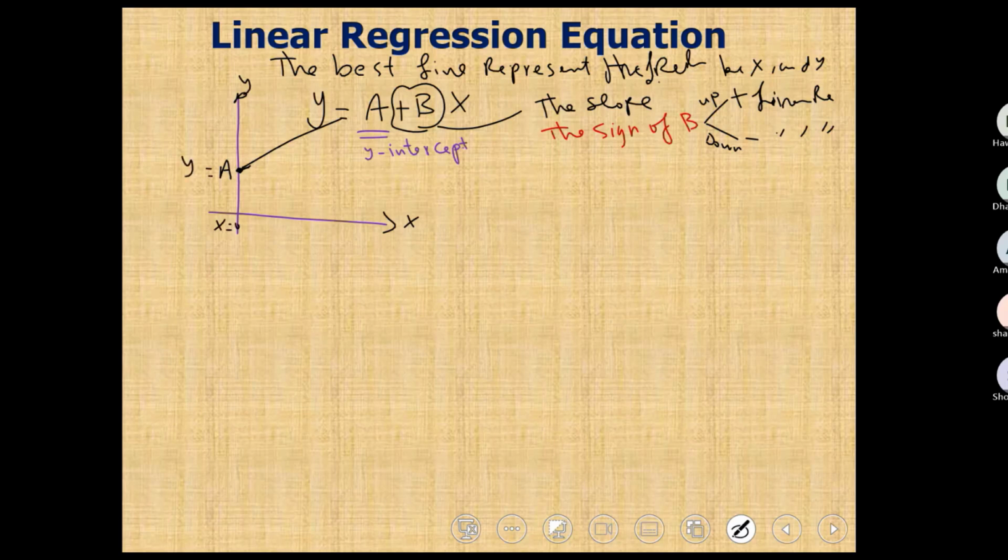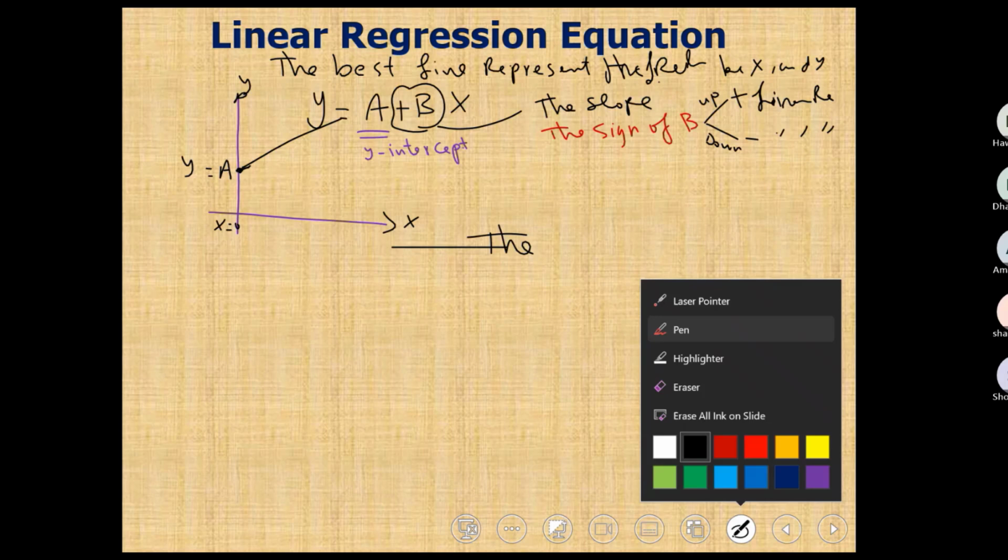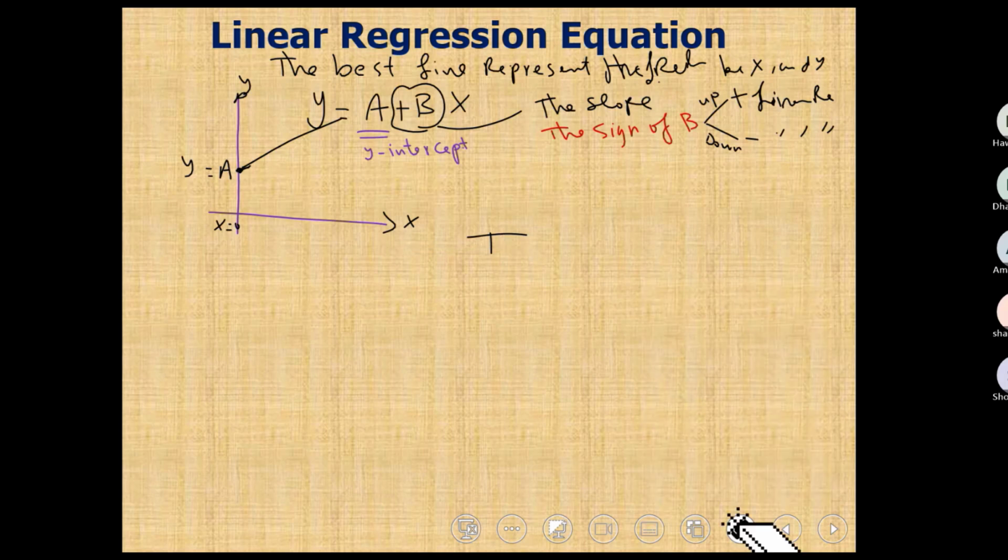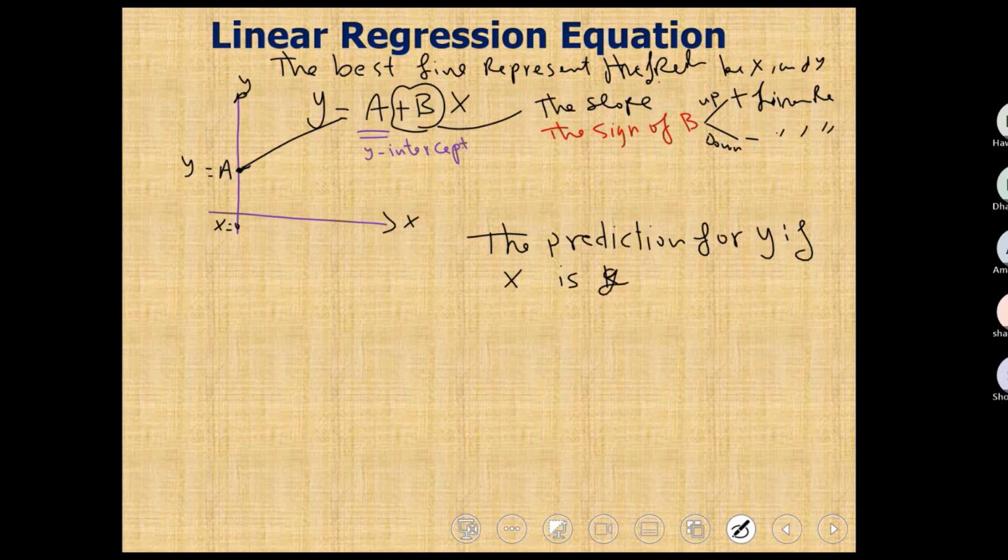Okay, what is the point of having the linear regression equation? To have prediction, to predict the value of y if x is given.